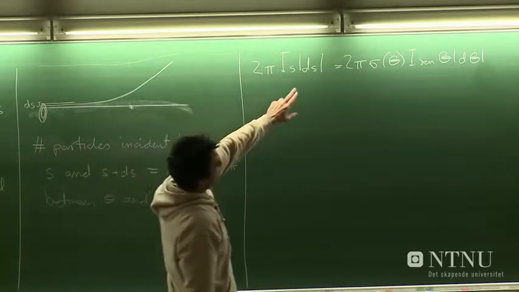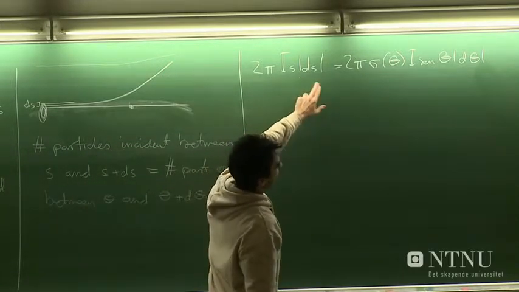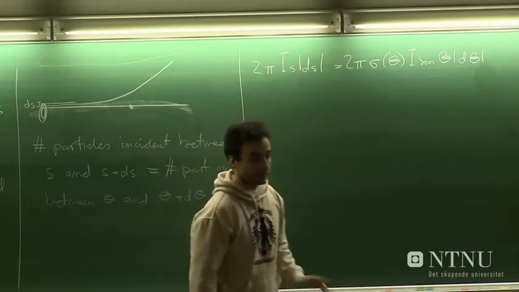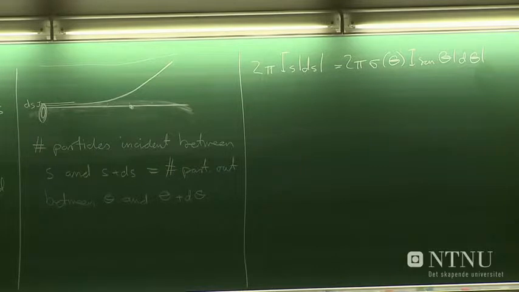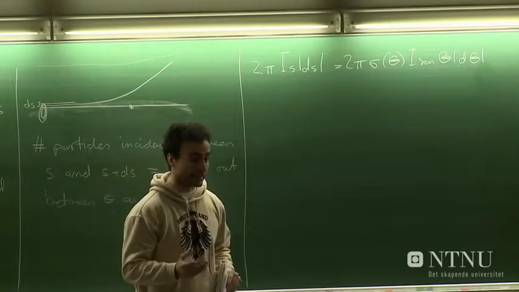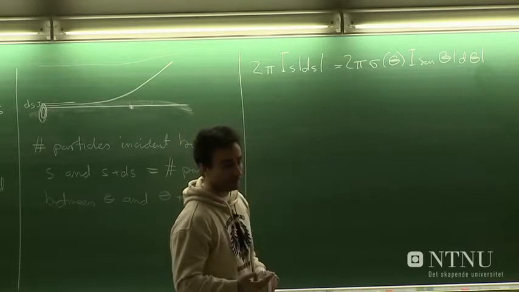Now you may wonder, why have I added this absolute value sign on dS and d theta? The reason is that in some cases the derivative dS d theta may be negative, or actually often.